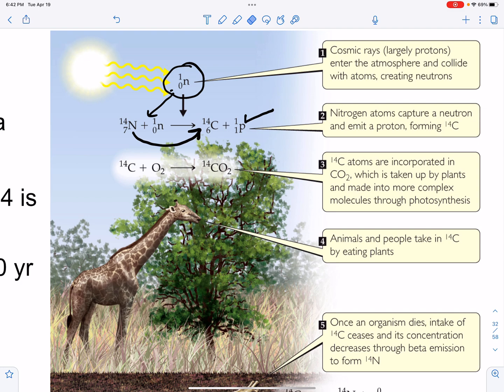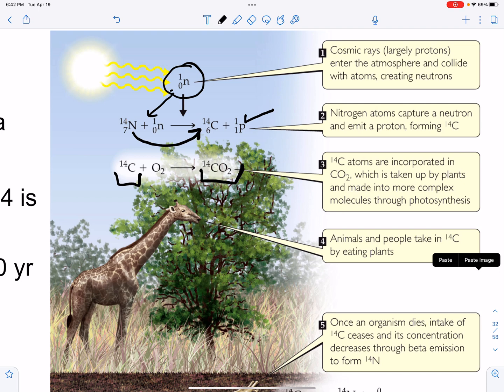So when that carbon-14 mixes with the oxygen, it's going to create carbon dioxide, which the plants are going to use. And as long as the plants are alive, they are consuming that from the atmosphere, where the carbon-14 and the carbon-12 have a fixed ratio or proportionality. So carbon dioxide in, oxygen out. And when the animals eat the plants, they are consuming also the same ratio.